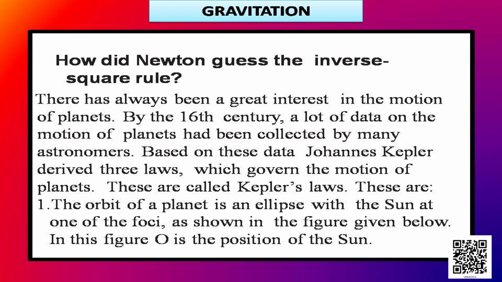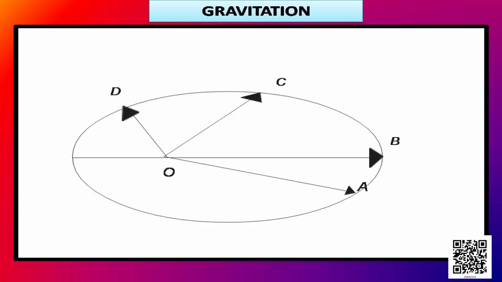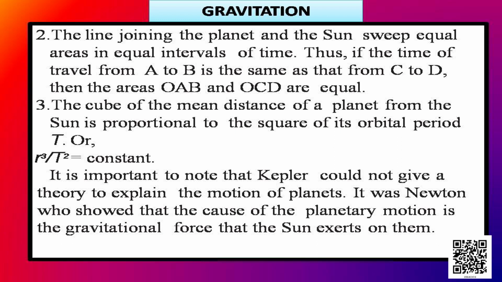These are: the orbit of a planet is an ellipse with the sun at one of the foci, as shown in the figure given in your book. In this figure, O is the position of the sun. The line joining the planet and the sun sweeps equal areas in equal intervals of time.